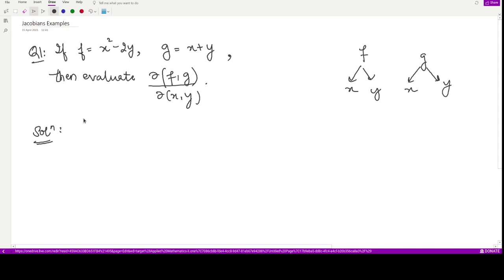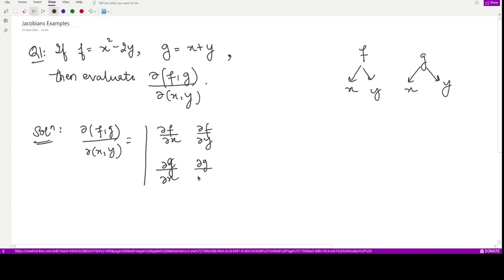So here, according to the formula, we know del f comma g by del x comma y is equal to the partial derivative of f with respect to x and then the partial derivative of f with respect to y, and then the partial derivative of g with respect to x and then the partial derivative of g with respect to y. So for that we first need to calculate del f by del x.